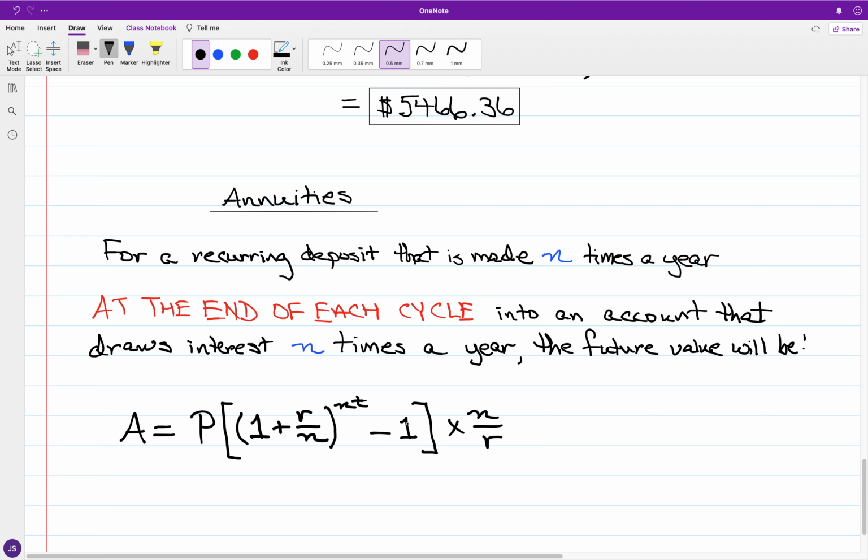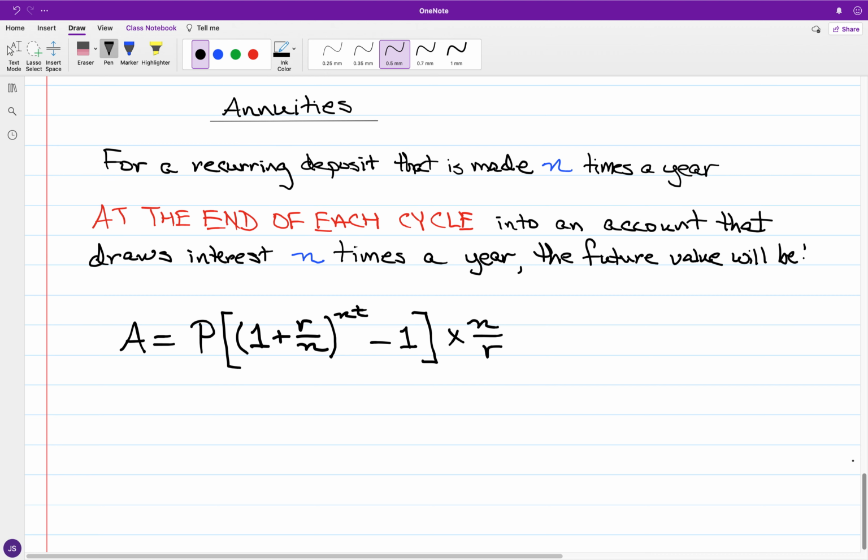And let's say we're looking at future value. Okay. So for the case P, let's say we have $300.